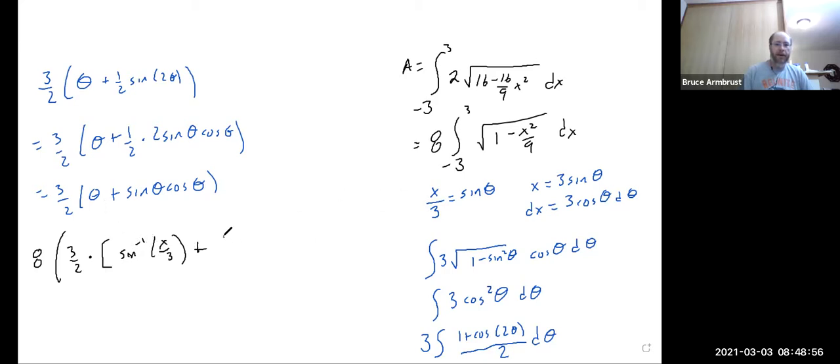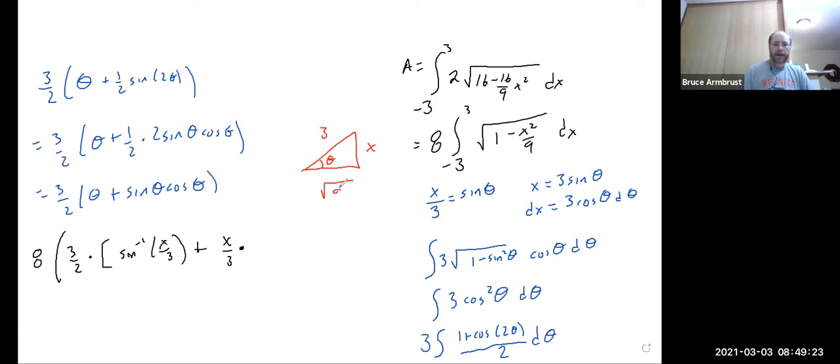Sine of theta, we already know, is x over 3. But then we need cosine of theta. So let's draw a right triangle. That guy's our theta. We know sine is x over 3. We need cosine, so I'm going to use the Pythagorean theorem.